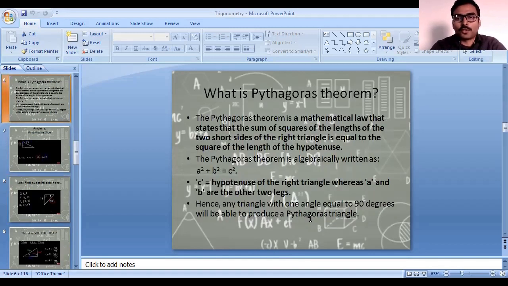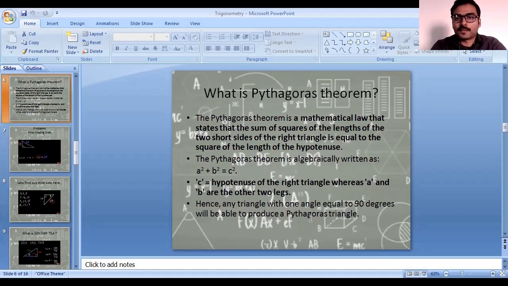So the Pythagoras theorem is a mathematical law that states the sum of the squares of the lengths of the two short sides of the right triangle is equal to the square of the length of the hypotenuse. And a square plus b square is c square.